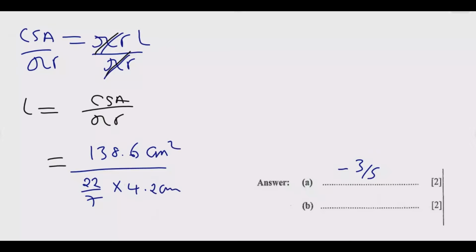Quickly I noticed that 7 into 7 is 1, and 7 into 4.2 is 0.6.